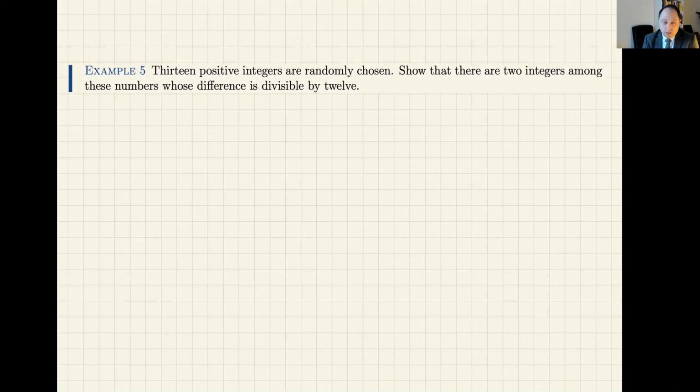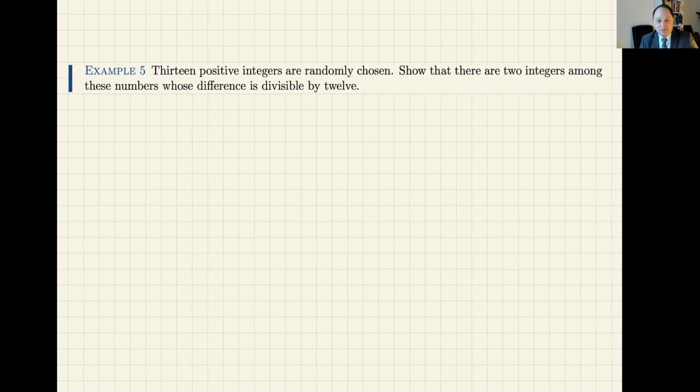So I am telling you that you just choose 13 natural numbers randomly. It is always guaranteed that in your list, you can find at least 2 numbers, so that when you subtract those numbers and then divide the result by 12, the remainder is 0.